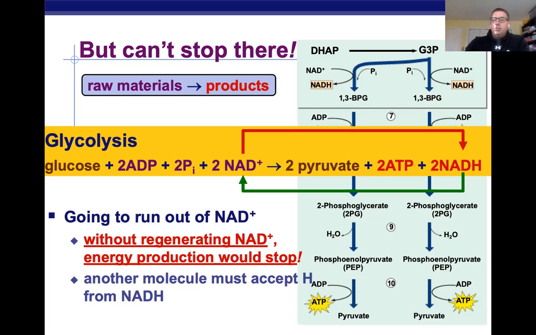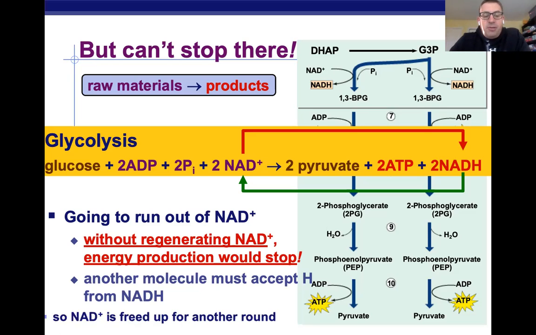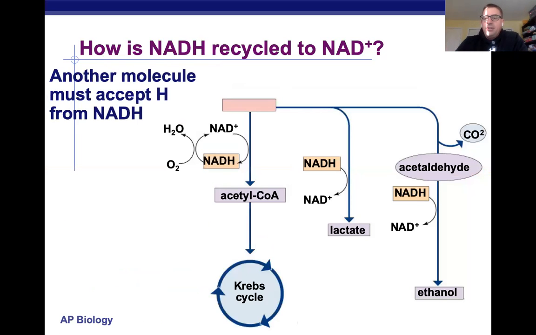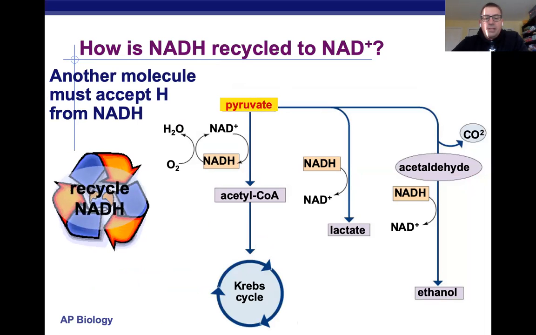So there must be another molecule in these cells that accepts hydrogen from NADH so that the NAD plus is freed up for another round. So how is NADH recycled to NAD plus in cells that only carry out glycolysis? They have to drop those electrons off to another molecule, okay, in order to recycle it.